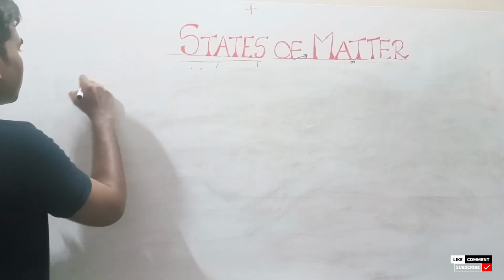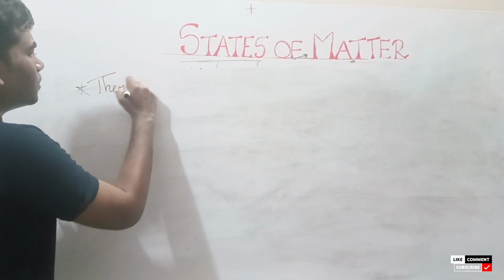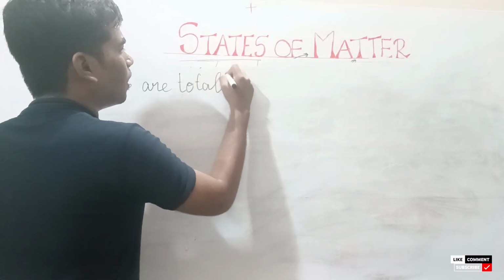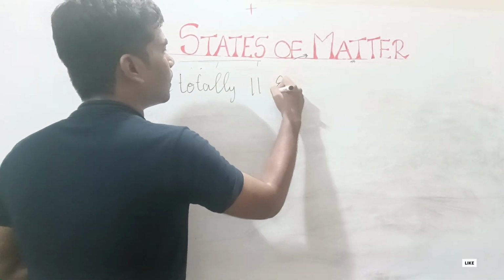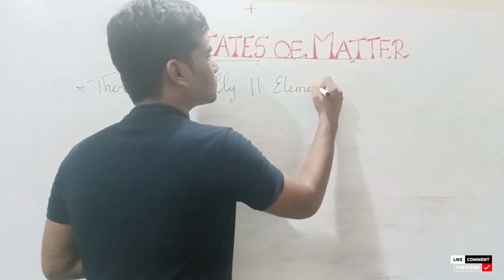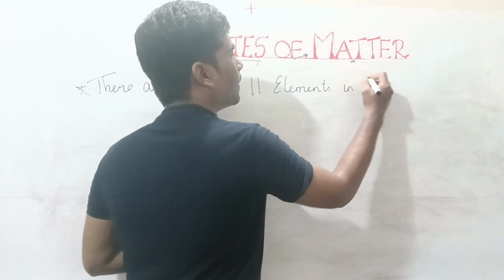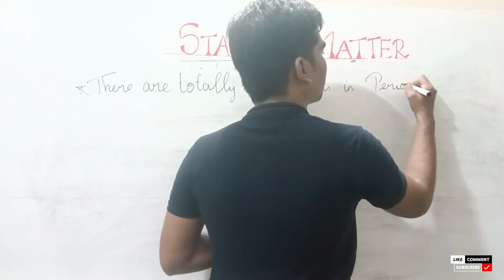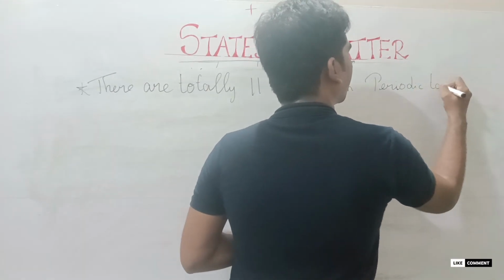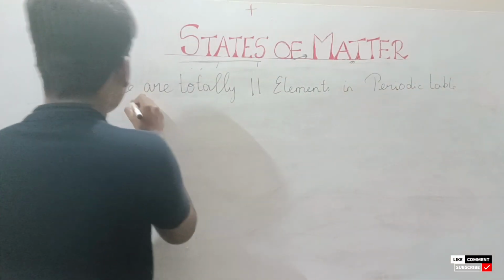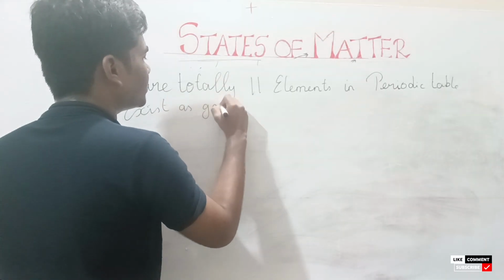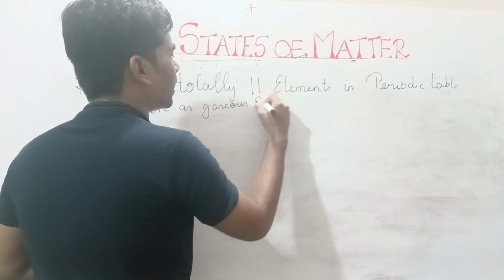There are totally 11 elements in the periodic table that exist as gaseous elements.